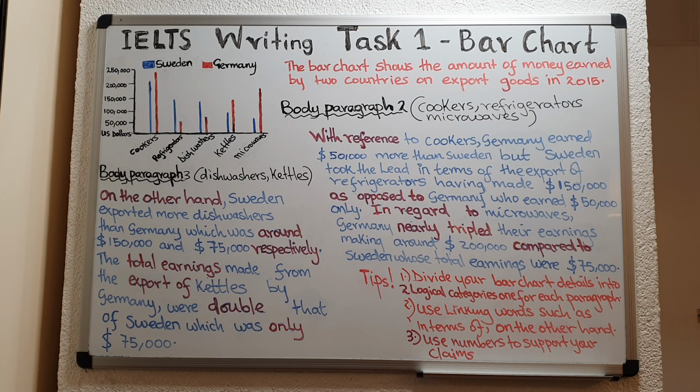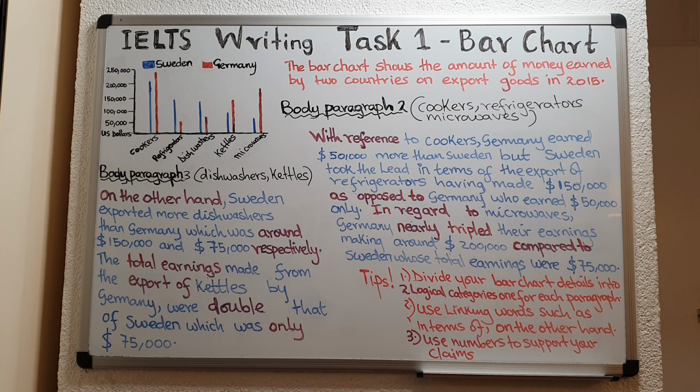But then, now I'm using a connector, but Sweden took the lead in terms of the export of refrigerators. So I'm now talking about refrigerators. And that I pointed out that Sweden took the lead in terms of the export of refrigerators, having made $150,000 as opposed to Germany, who earned $50,000 only.